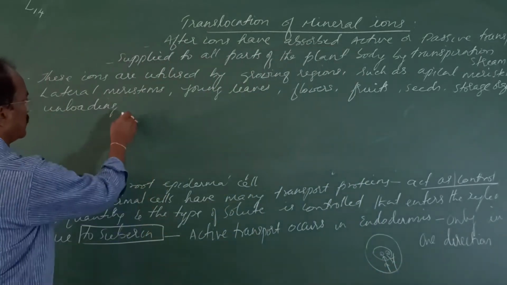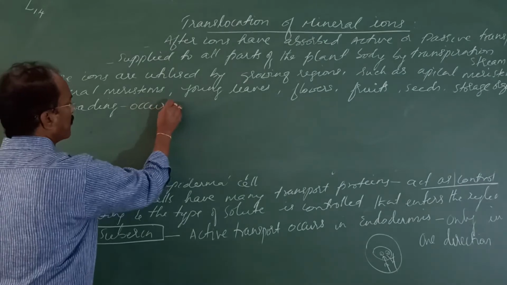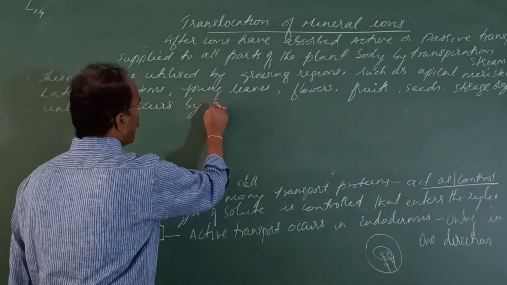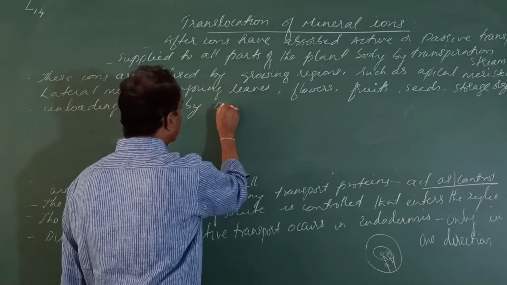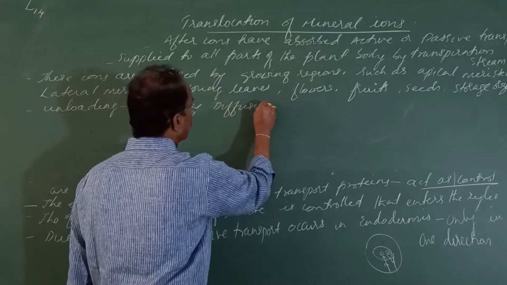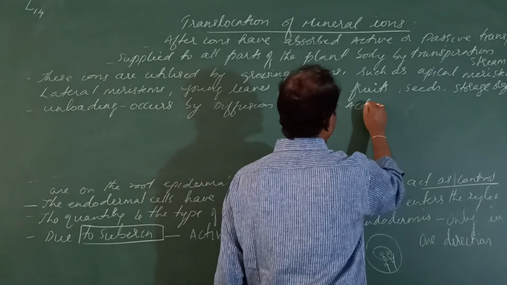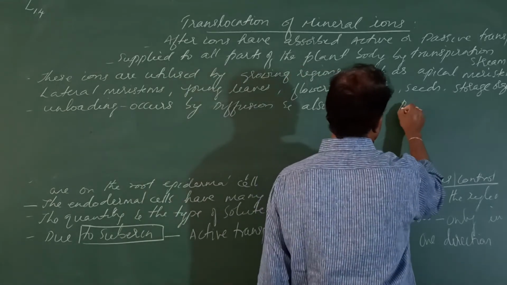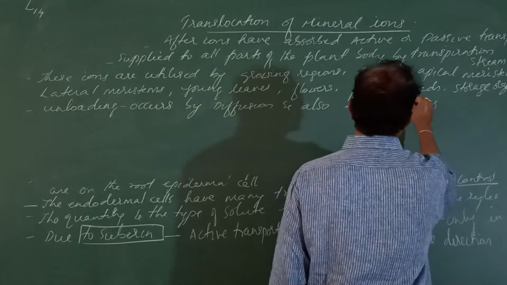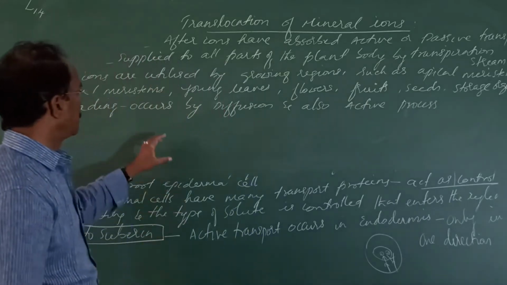How does this unloading occur? Unloading occurs by diffusion and also by an active process. Unloading occurs by simple diffusion. Why?